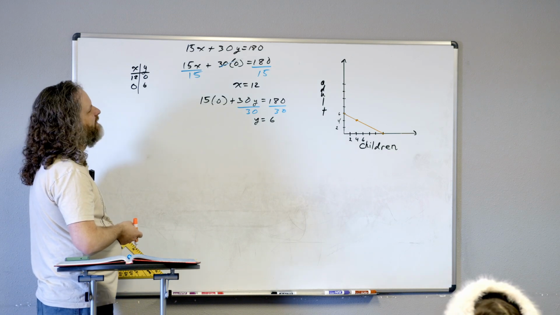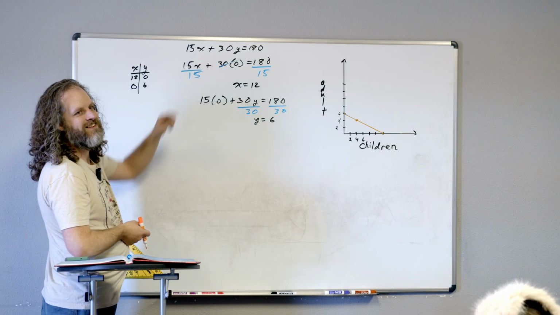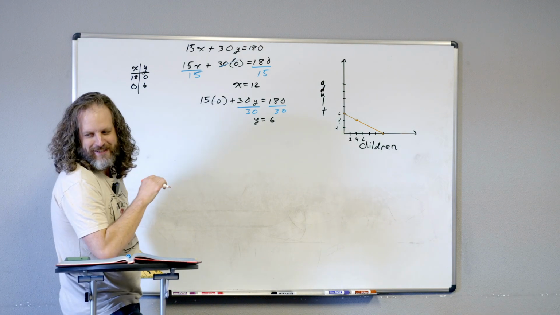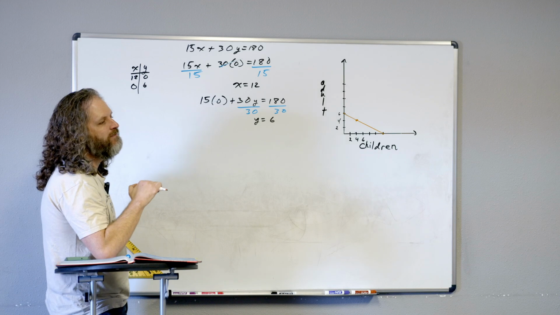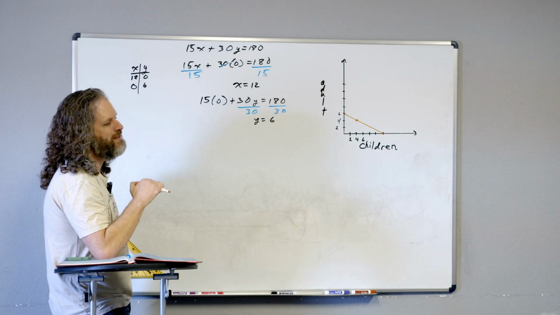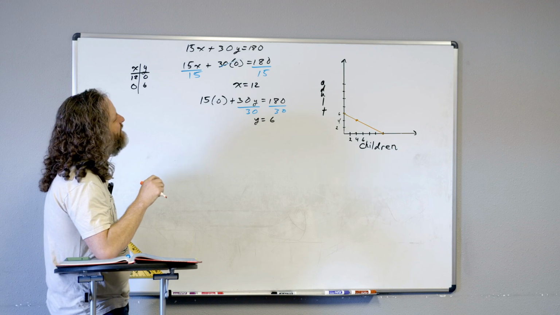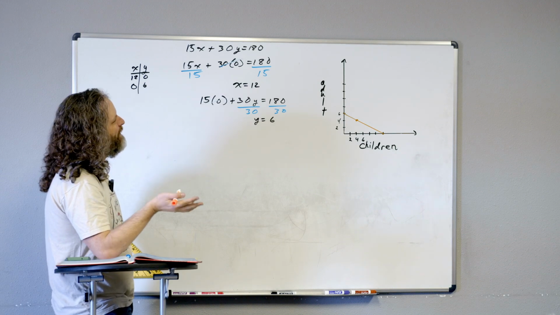What was it? 4 times 15 and 4 times 30. Did you say 7,000? Because there's no way that's right. How are you getting 3,000?